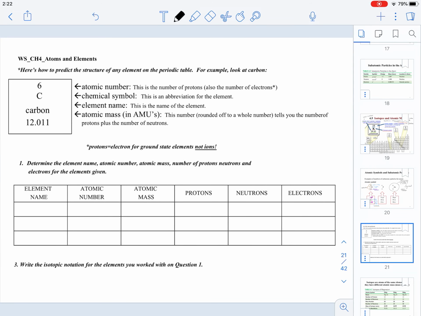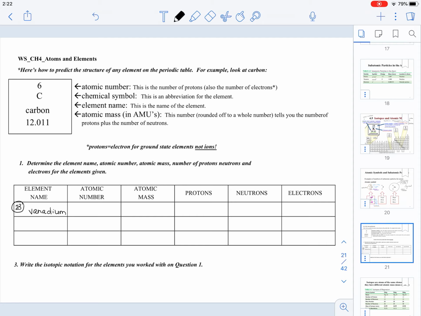So, as you can see here in problem 1 of the worksheet, we have an exercise in which you're going to have the element name, atomic number, atomic mass, protons, neutrons, electrons, and even the isotopic notation. So let's take, for example, element 23. Okay, this is vanadium.